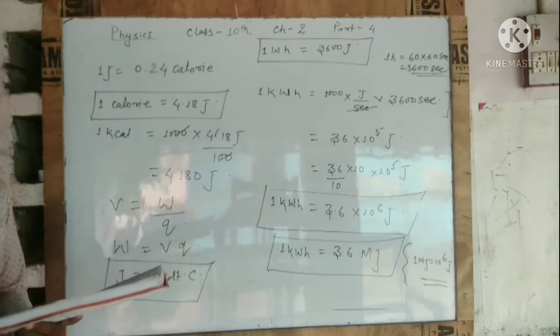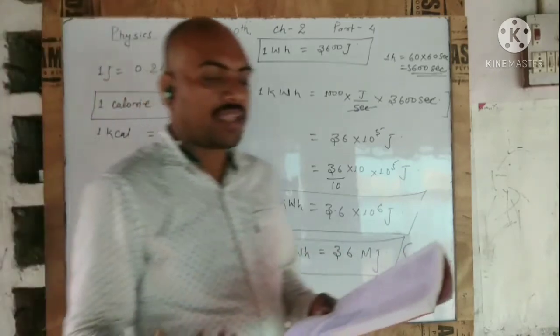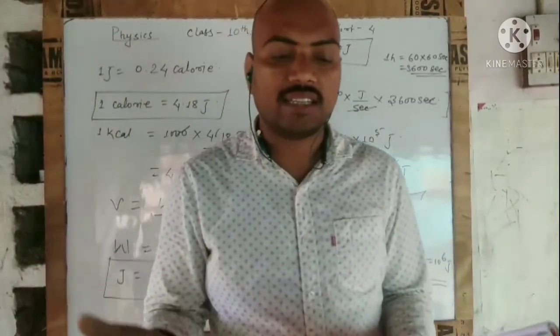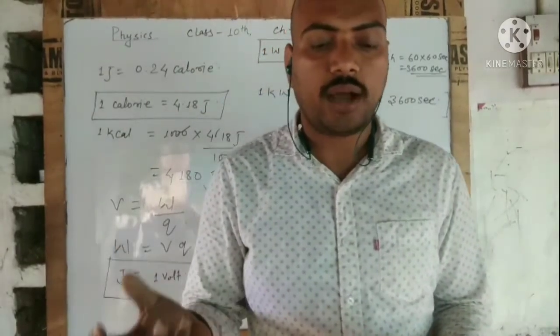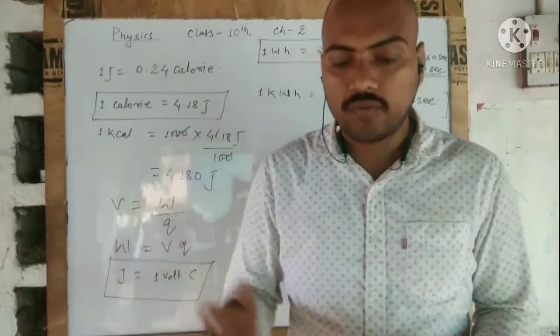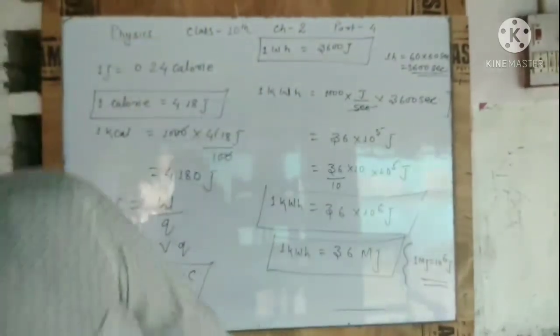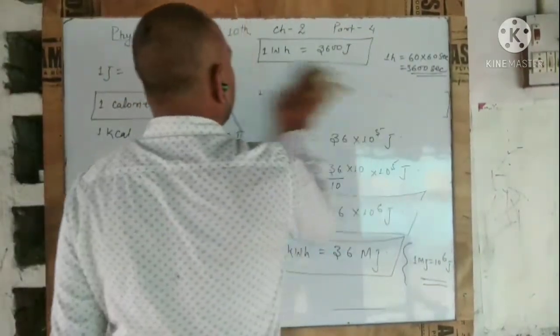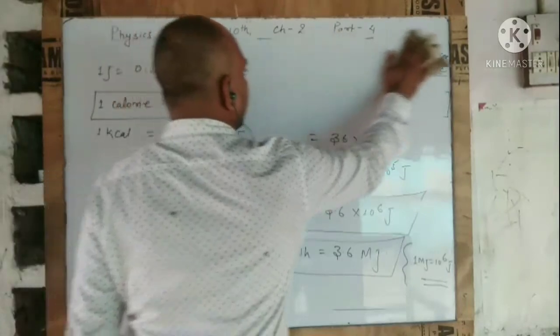So 1 electron volt is the energy gained by an electron when it is accelerated through a potential difference of 1 volt.